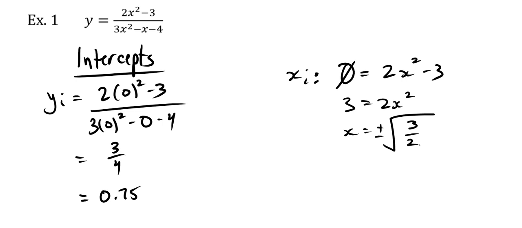So I've got x is plus or minus the square root of 3 over 2, 1.5. Again, I'm going to punch in the value on my calculator, so go ahead and do that. In this case, it's absolutely important that we have the decimal.